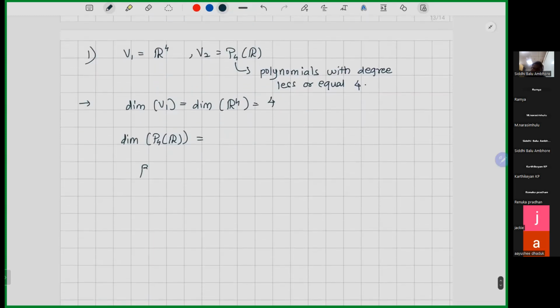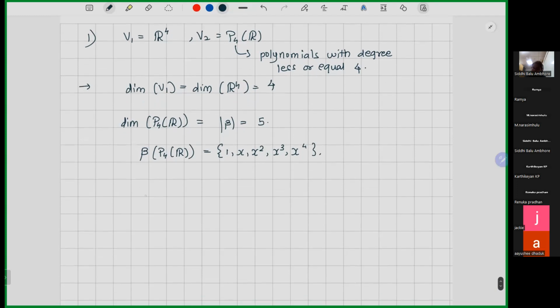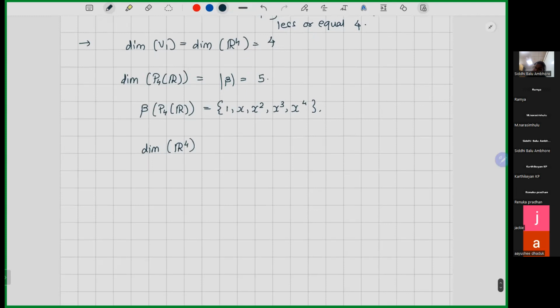So one of the bases which we know of P4R, let me write here P4R to avoid confusion, is 1, x, x square, x cube, and x power 4. So what is the cardinality of this? It is 5, right? So here the dimension of R4 is not equal to the dimension of P4R.